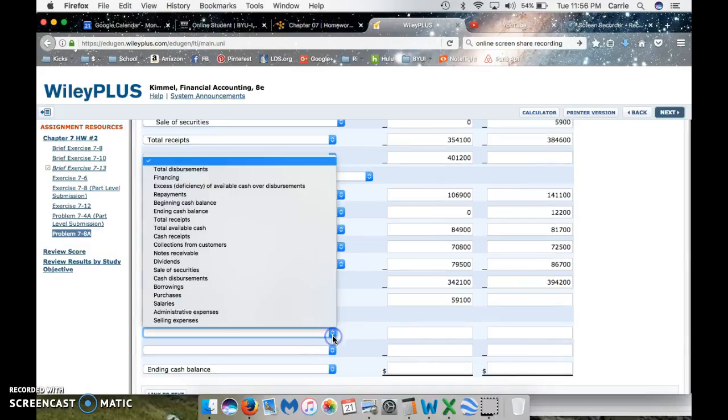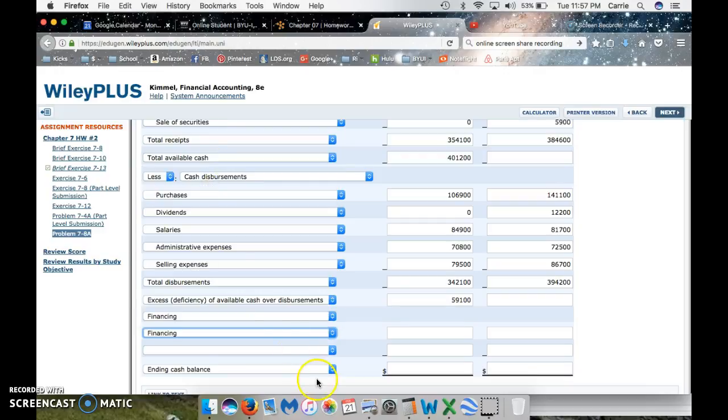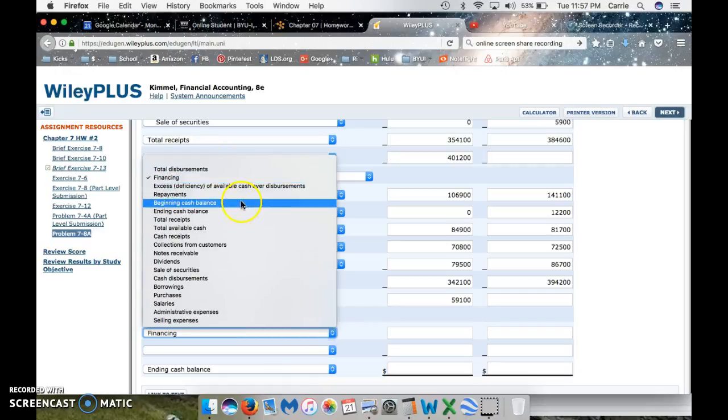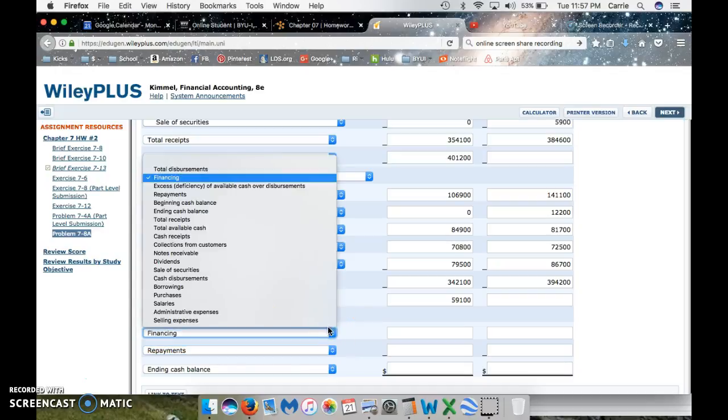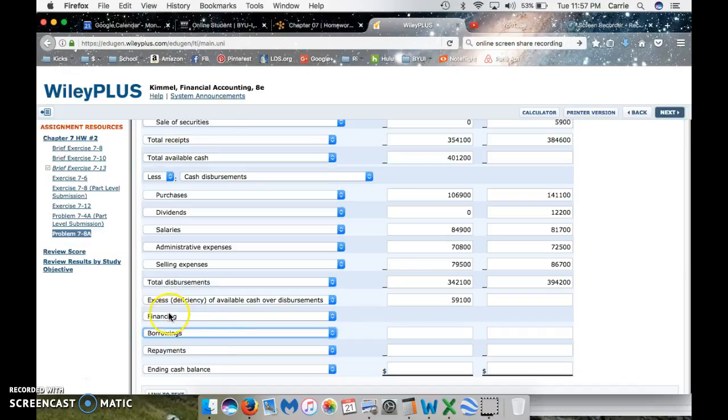Sorry, that was my finger popping. So let's see. Oh, no, not financing, sorry. We already have that there. Repayments is usually here. This one should be borrowings. There we go. So under financing, you borrow, and then you have repayments.